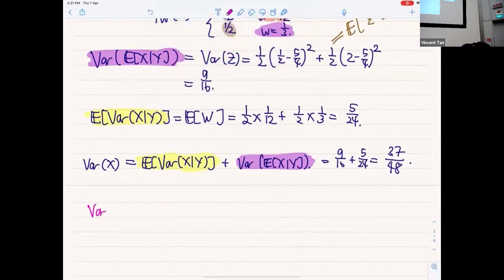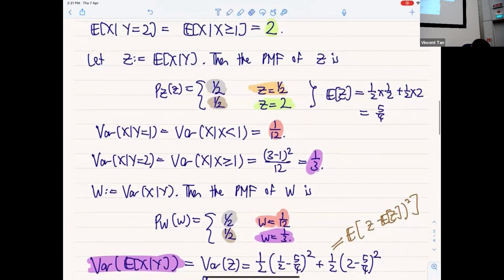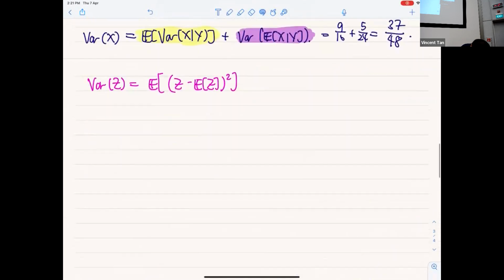So the variance of Z can be written as the expectation of Z minus the expectation value of Z, quantity squared. But we recall that the PMF of Z is the following. So we bring it down here. Okay. All right. So what do we need in order to compute the variance of Z? There are two ways of doing it. I did it the unconventional way.